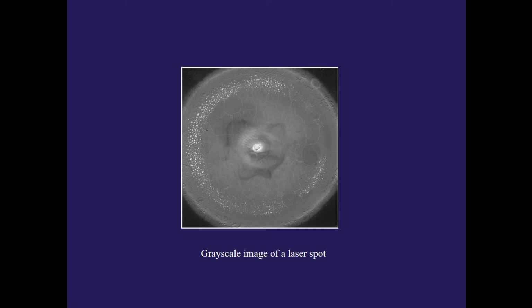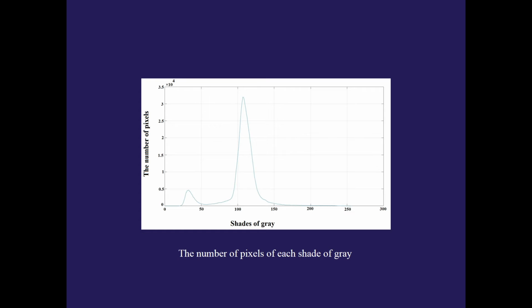We also set the condition that the black color is the area that was not exposed to the laser, the original color of the photoemulsion, and the white color is the area that received the maximum amount of energy, the color of the substrate of the photopaper. Then, we determine how many pixels of the corresponding shades of gray are represented in the resulting image and present this in the form of a graph.